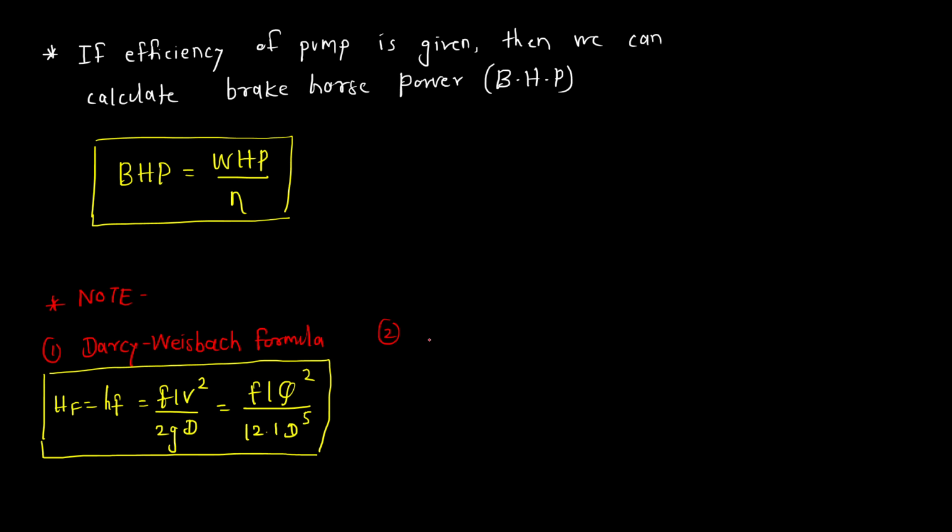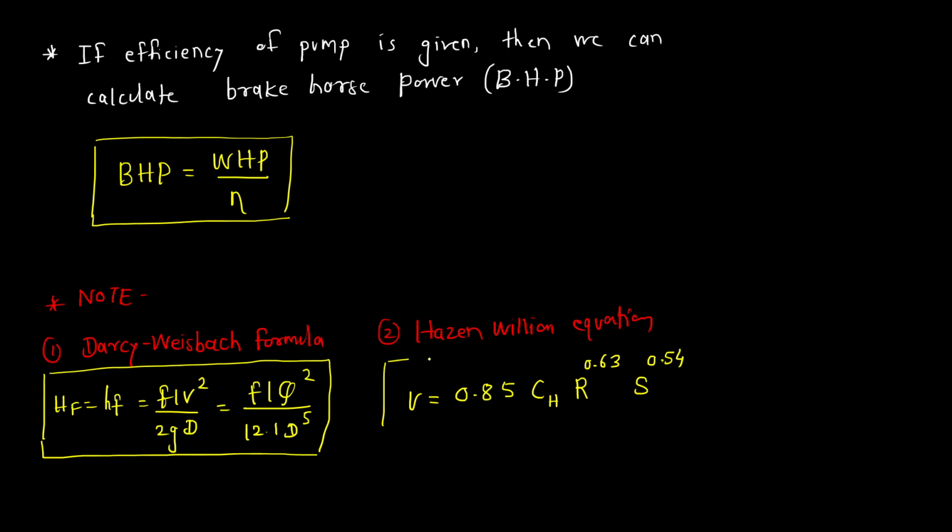The second equation that you should know is the Hazen-Williams equation. This equation is V equal to, that is velocity equal to 0.85 C, the Hazen constant, that is Ch, R to the power 0.63, S to the power 0.54.